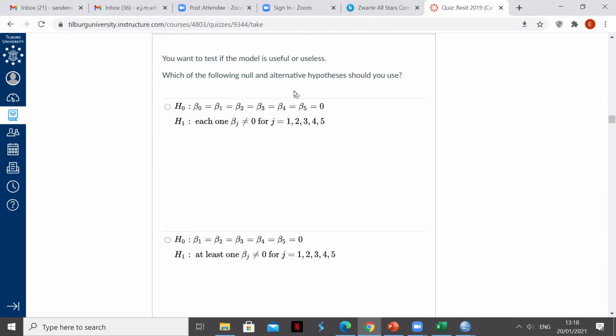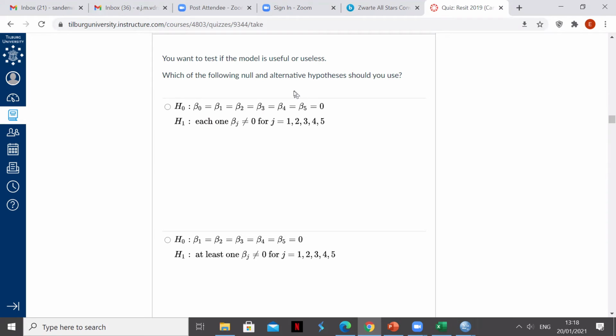Okay, what was the format of an f-test? The format of an f-test was testing whether beta 1 up until including beta 5 was 0. Do you include beta 0? No, you don't include beta 0 because it's a constant. If x changes, then beta 0 still stays the same.